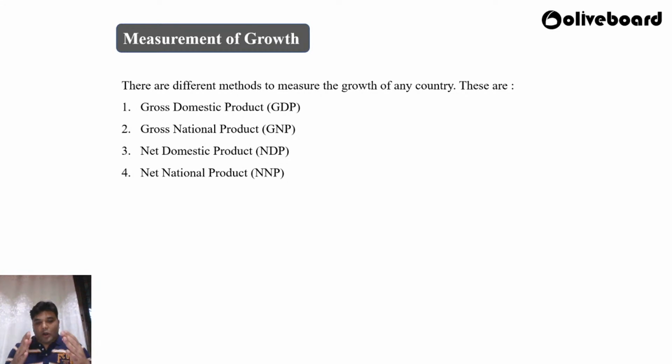So all these indicators can be used to express national income, right? Very frequently we use GDP as an indicator of our economic growth or national income, but it can be expressed in these three other forms as well. हालांकि GDP is the most preferred form of expression when it comes to national income. ठीक है, तो इतना ध्यान में रखना है आपको.